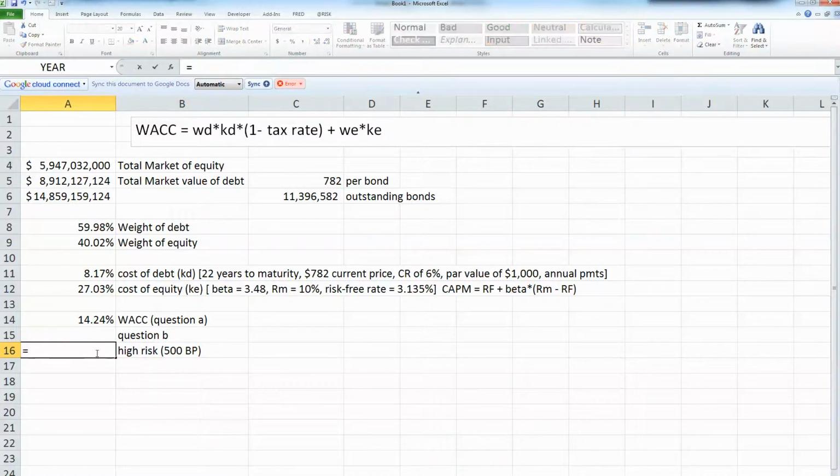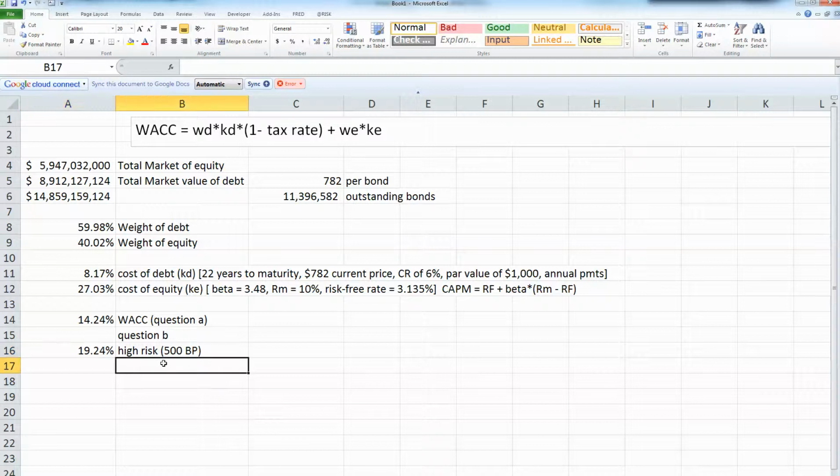So they would discount high-risk projects at the weighted average cost of capital plus 5%. So I'm just going to go plus 0.05 to get that 19.24%. And for low-risk projects, they use a discount rate 300 basis points below the current average. So I'll just put minus 300 basis points.